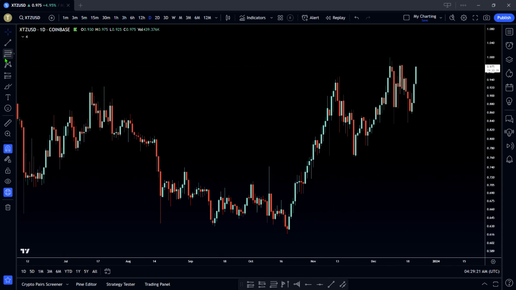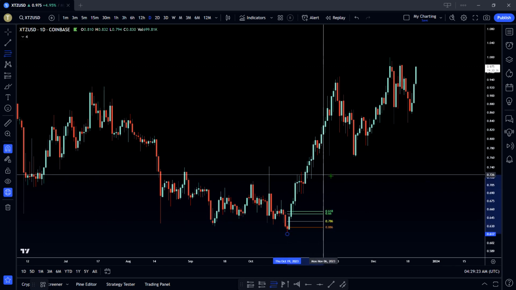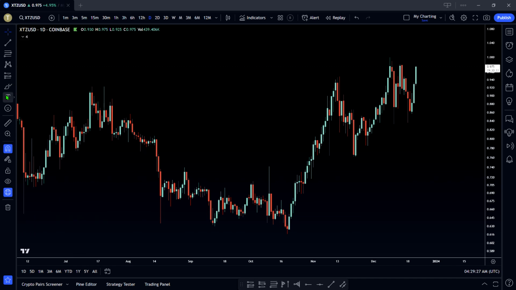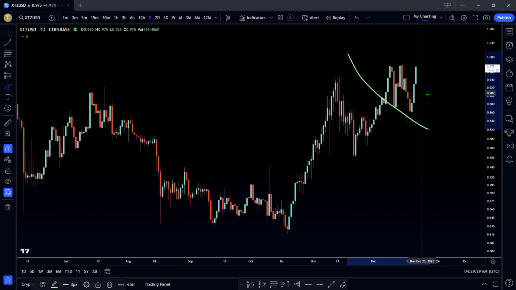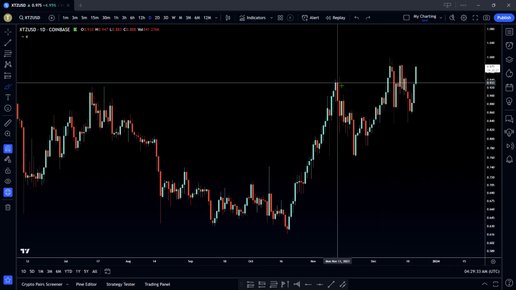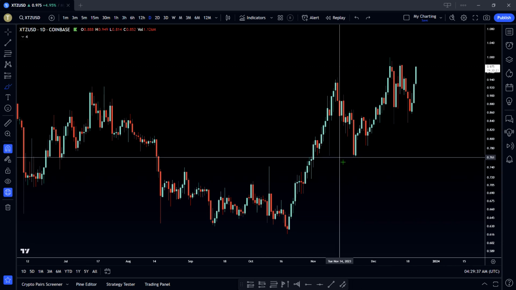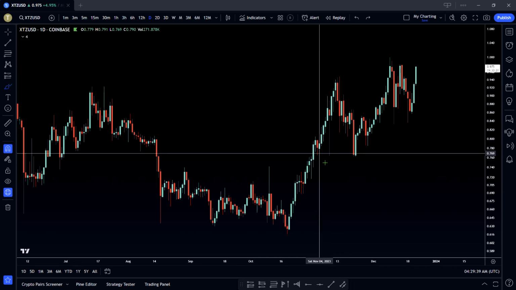So if we pull from that low up to this, now let's just imagine that this is not here yet, okay? I know this is tough. Just imagine, because I want to show this area right here, how we got this as support, okay?